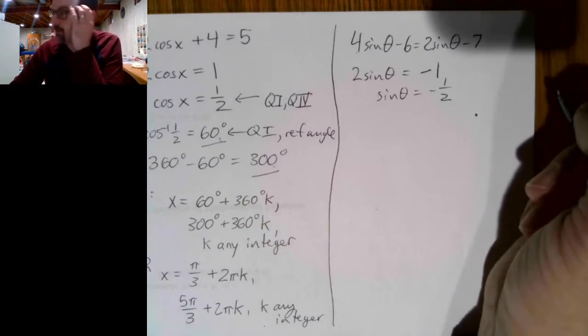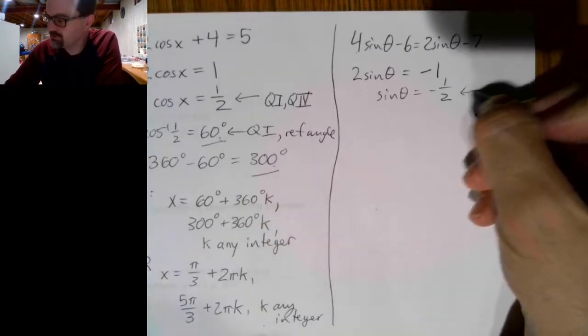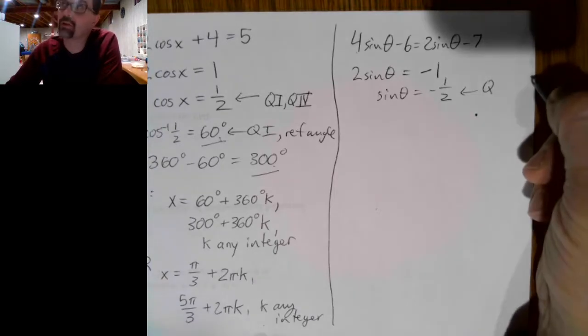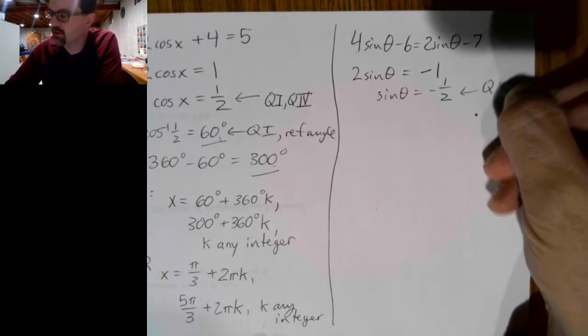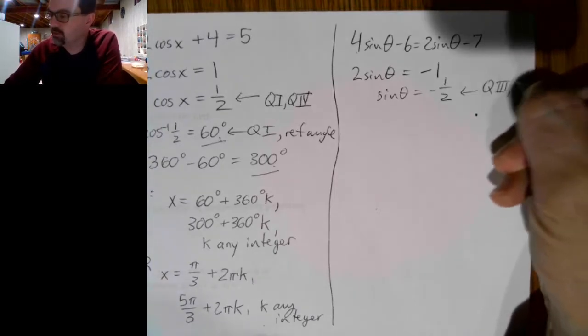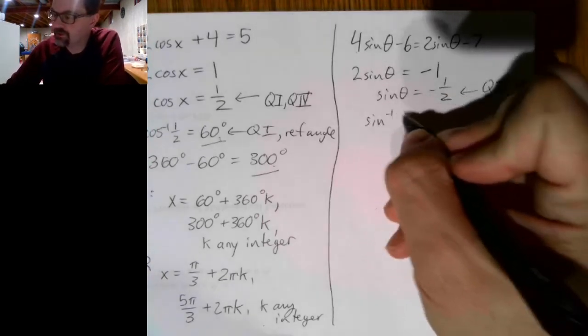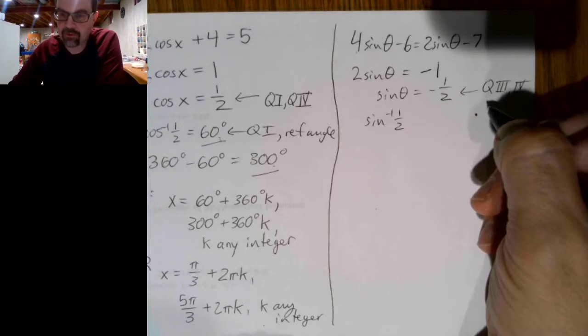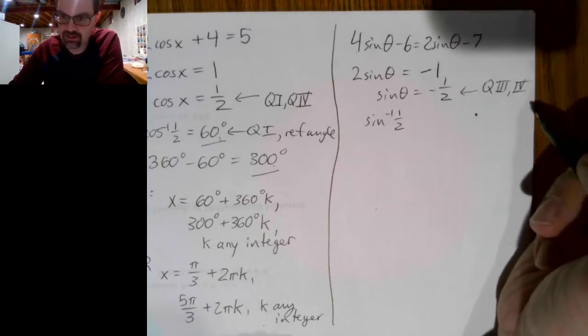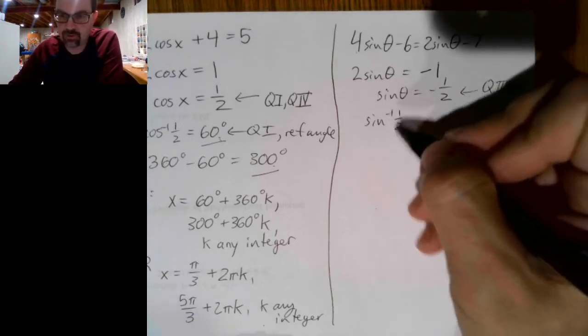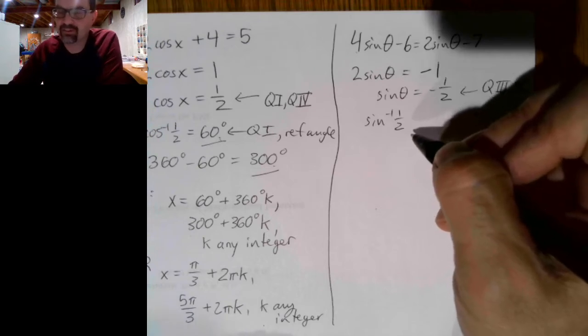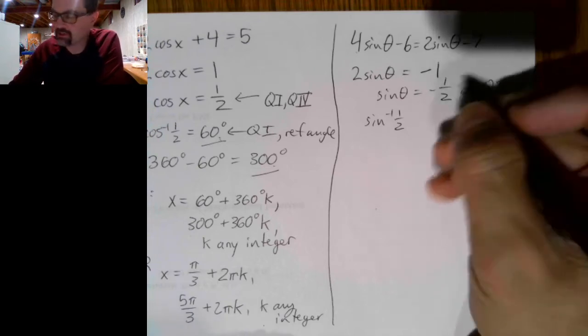Alright, negative sine function, that would be quadrants 3 and 4. Now, inverse sine of positive 1/2, remember to get the reference angle, we ignore the minus sign. This would give you an answer, but it isn't even necessarily in the range from 0 to 360.